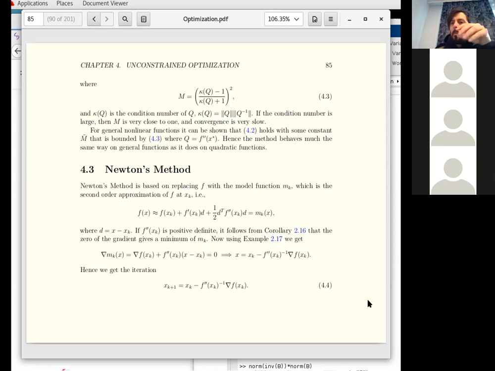But let's look at that. So this m_k at x is a function on its own, right? It's the approximation. We calculate its derivative, meaning its gradient, and we set that to 0.